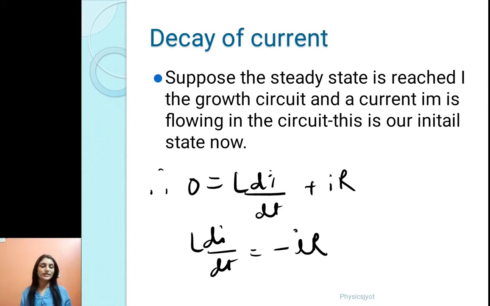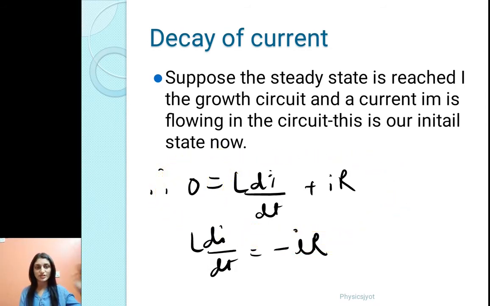Now this was everything related to growth of current. Now we will talk about the decay of current. Now suppose the steady state is reached in the growth circuit and a current Im is flowing in the circuit, and we switch off the battery, so we will have 0 equals L di by dt plus IR.